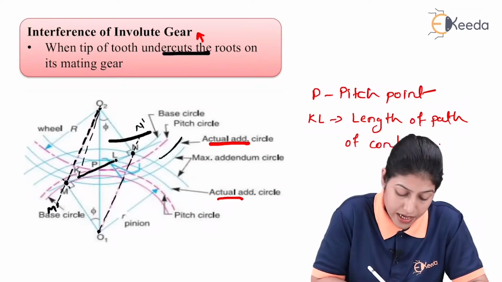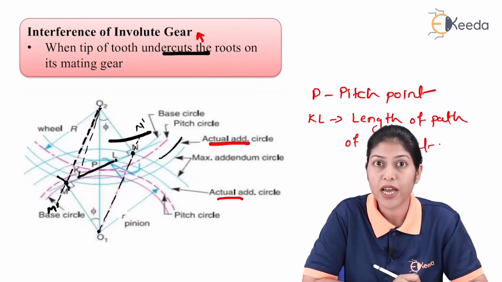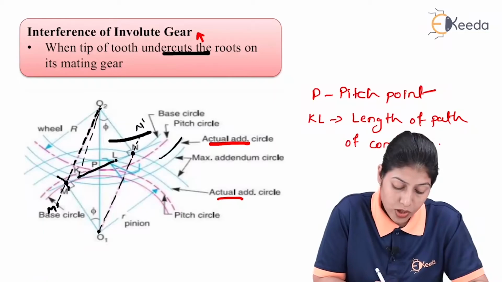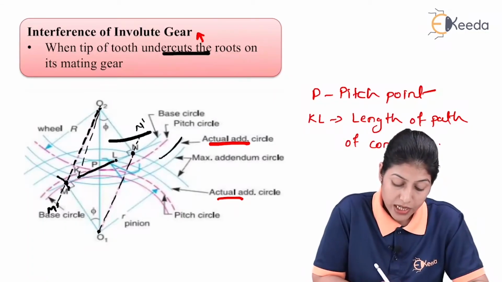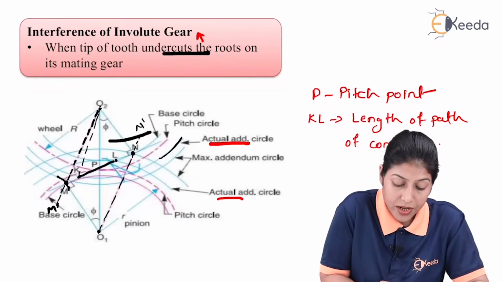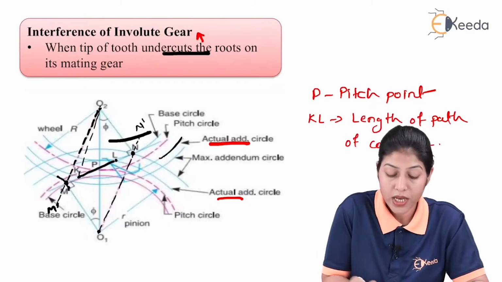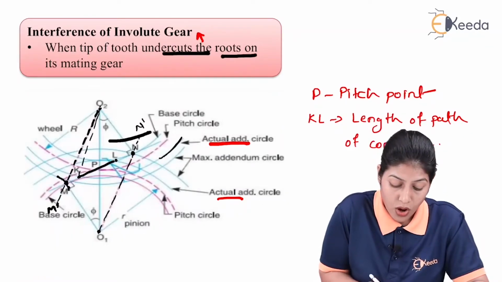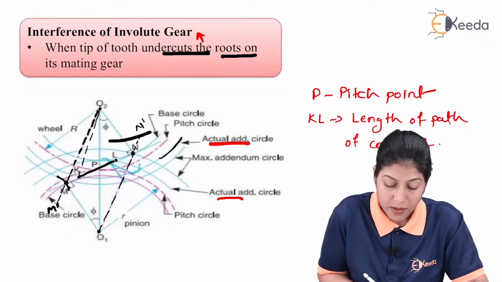In that case, if we consider the involute profile of the tooth, the tip of the tooth of the wheel will cut the involute profile of the tooth of the pinion. So this is a similar case. Here the tip of the tooth of the wheel is cutting the root of its mating gear, that is the pinion.